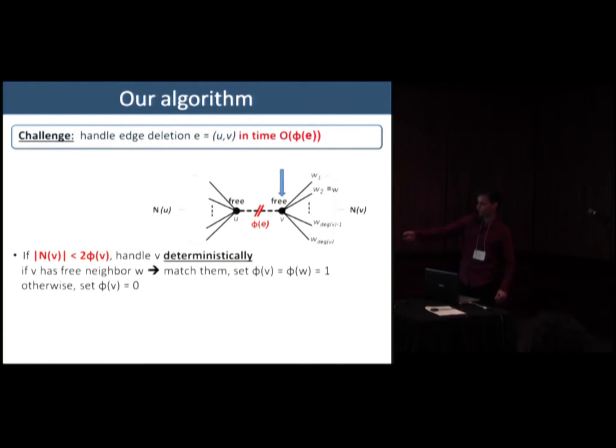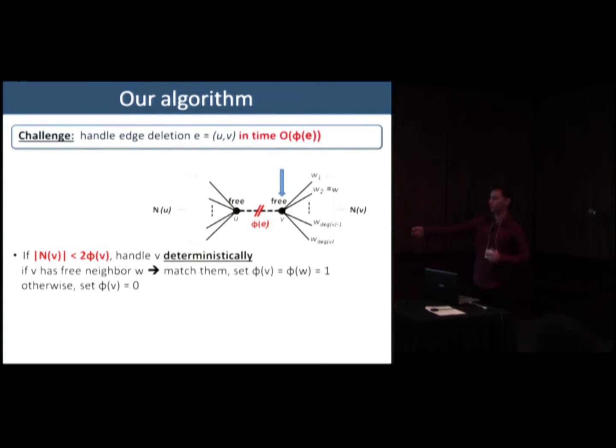We're going to handle V deterministically simply by scanning the entire set. And we're going to try and find a free neighbor there, W, and if we happen to find such a neighbor, we just match them together and set the potential of the new matched edge to 1 because it was sampled from a single option. It's a deterministic choice here.